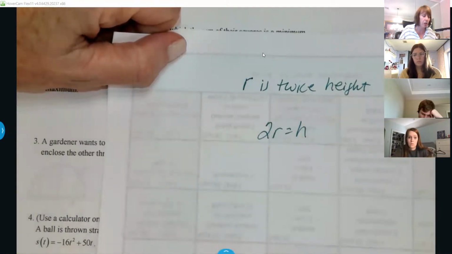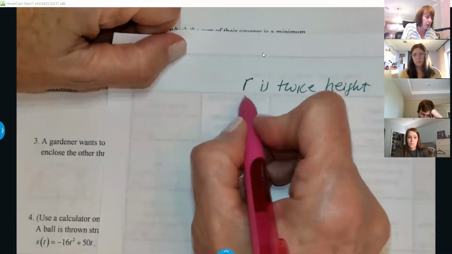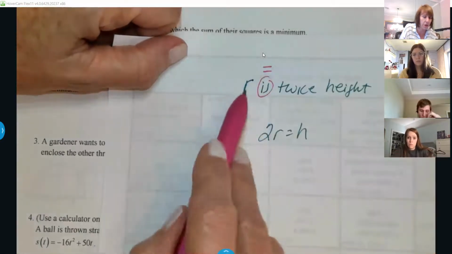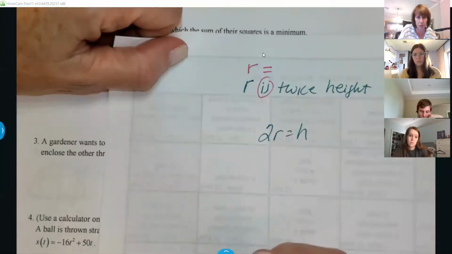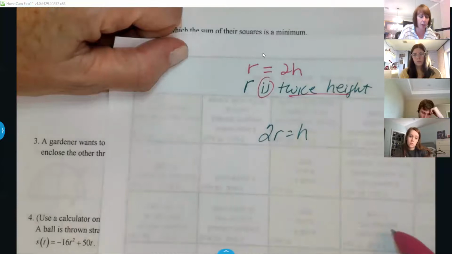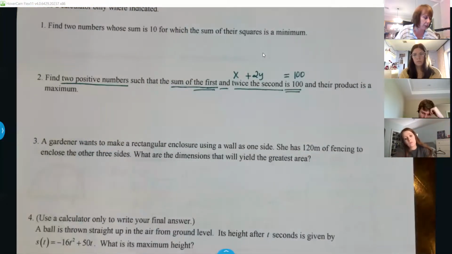When you're translating an English sentence into a math sentence, the word "is" always means equals. So if the radius is the only thing on that side, it's going to be r equals. And then twice the height would be 2h, okay? So be careful making your equations.